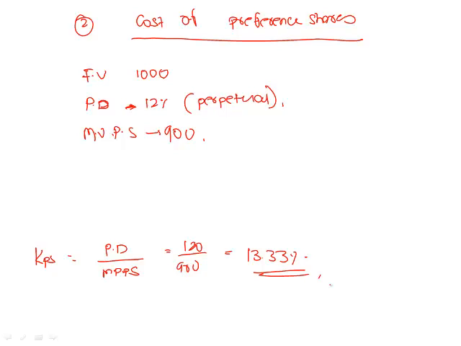Have you followed the logic for this? It's a perpetuity. So cash flow divided by market price will give you the discount rate. Cash flow divided by discount rate will give you market price, either way. And the last one now, which is cost of equity.